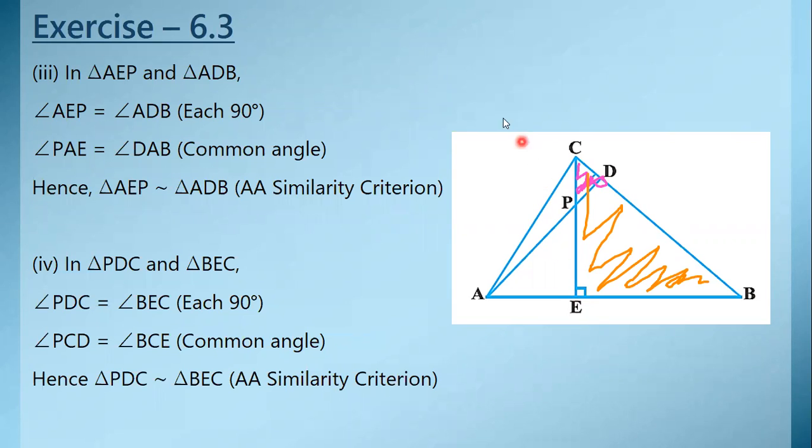And then the next one will be angle C, which is the common one for us. So if we take angle C, then we can prove again by AA similarity that triangle PDC, the smaller one, and BEC, the bigger one, are similar by AA similarity criterion. So all four parts we have proved.